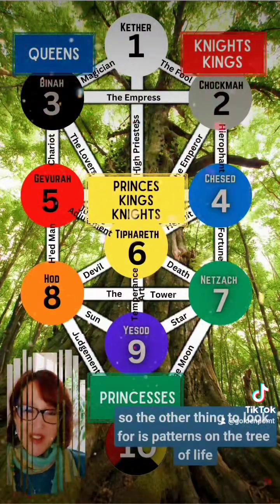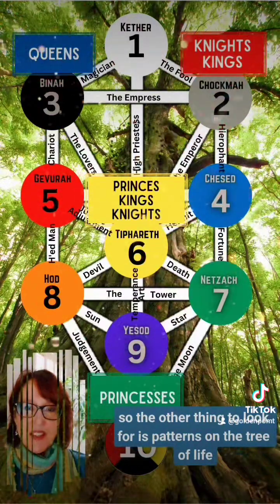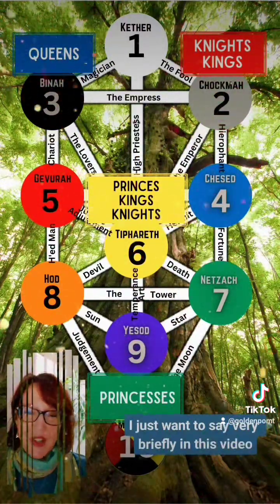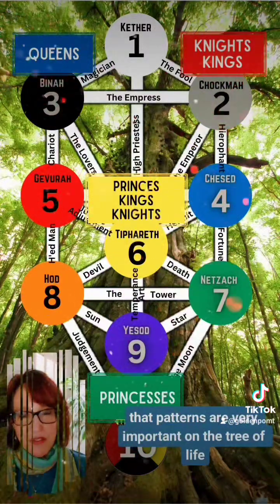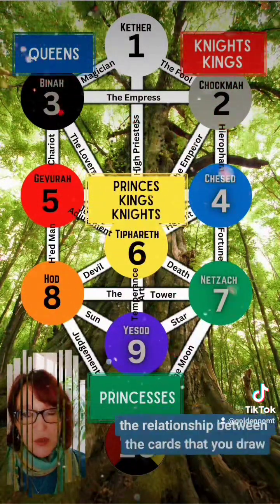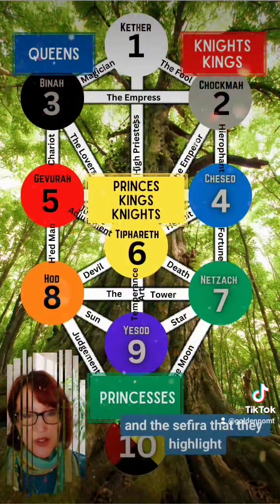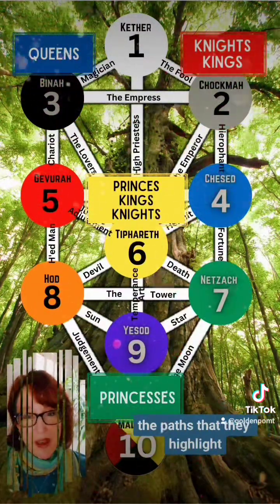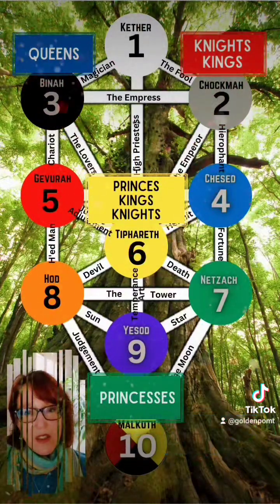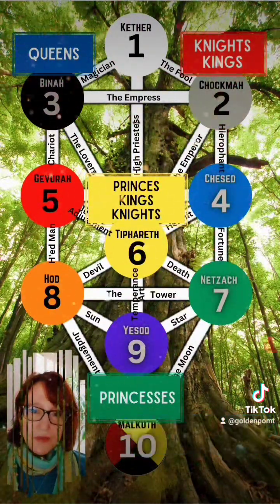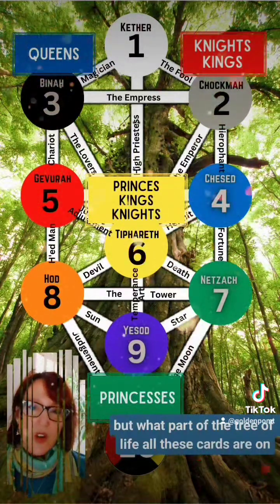The other thing to look for is patterns on the Tree of Life. I just want to say very briefly in this video that patterns are very important on the Tree of Life: the relationship between the cards that you draw and the Sephira and paths that they highlight. You can look not only at what connects what, but what part of the Tree of Life all these cards are on.